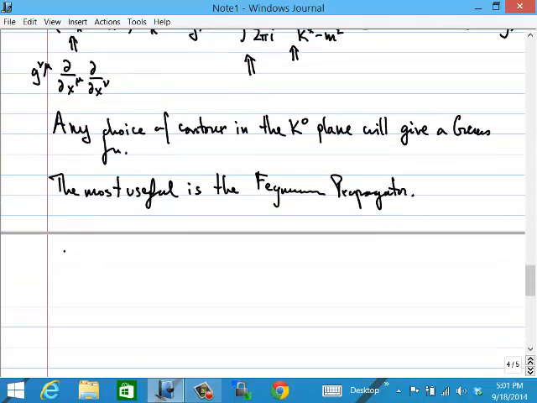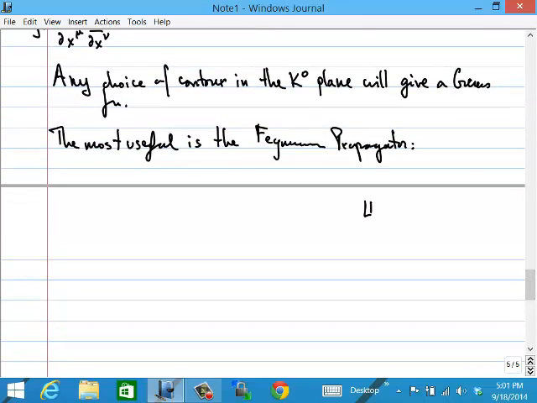And that's defined by the contour prescription, where when we perform the integral, here, let me scroll down a little bit. When we perform the integral in the complex k⁰ plane, we have these two poles at minus ω_k and plus ω_k, and we'll choose our contour to go below the first one and above the second one.